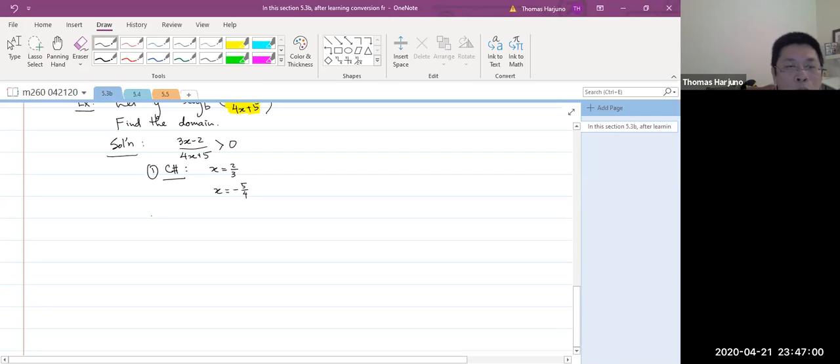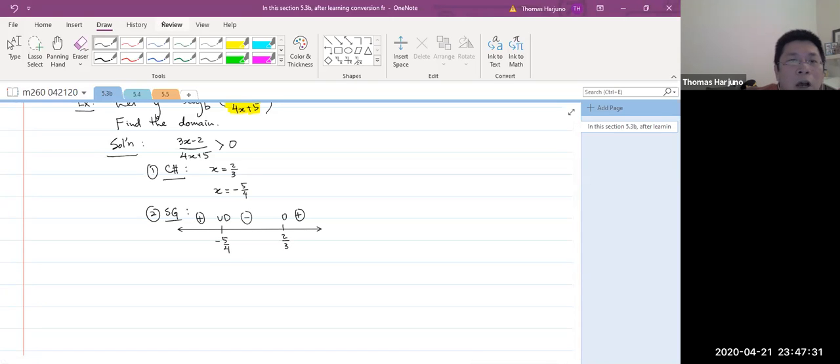And then step 2, the sign graph. -5/4 and then 2/3. When x equals 2/3, I get 0. When x equals -5/4, I get undefined. And then I think this will be positive, negative, positive. I actually use the edge of my eyes. Look at the y-intercept for this expression here.